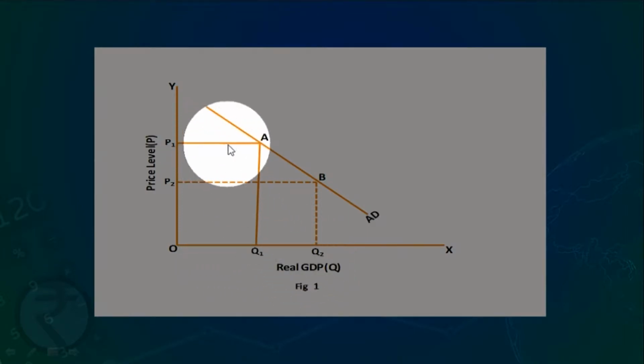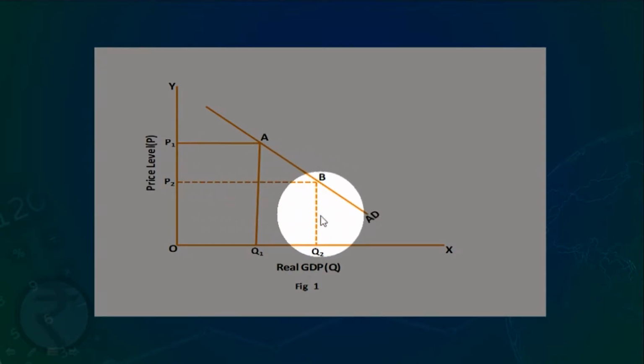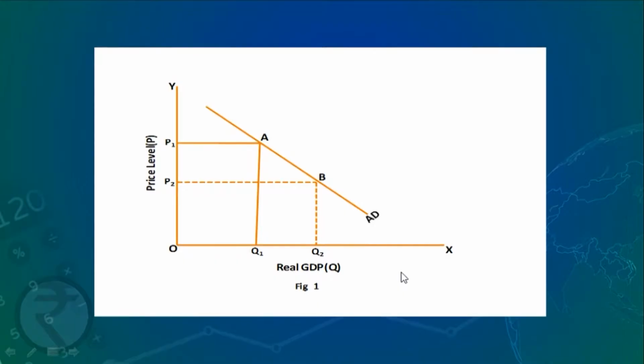So, the aggregate demand curve, which is drawn by joining the points A and B, is sloping downward, showing the inverse relationship between price and quantity demanded of real GDP.